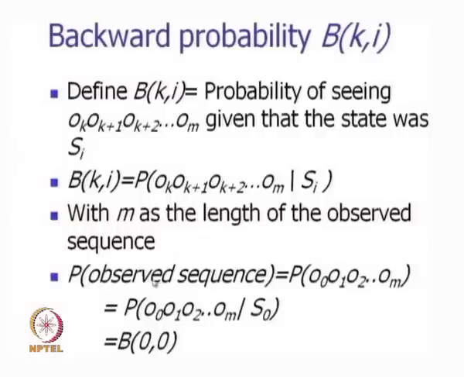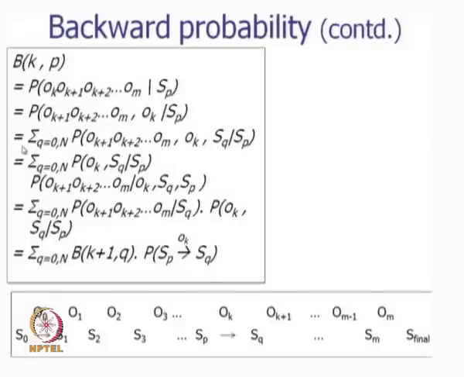Now you can compare that the probability of the complete observed sequence could be expressed as a sum of forward probabilities, and the probability of the same observed sequence is nothing but a single backward probability with arguments 0 0.